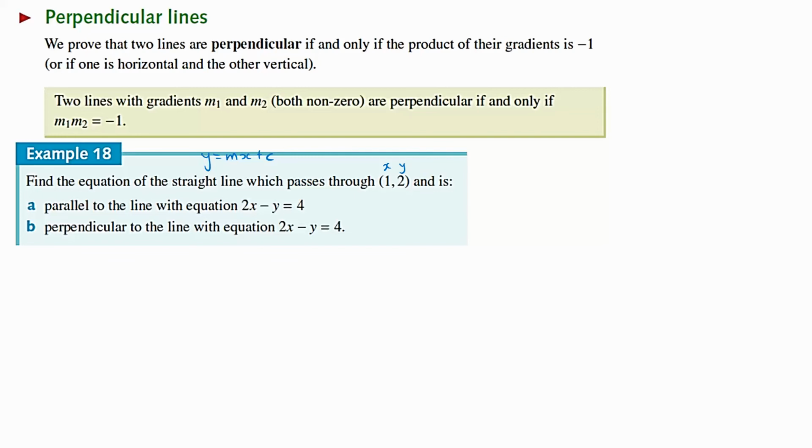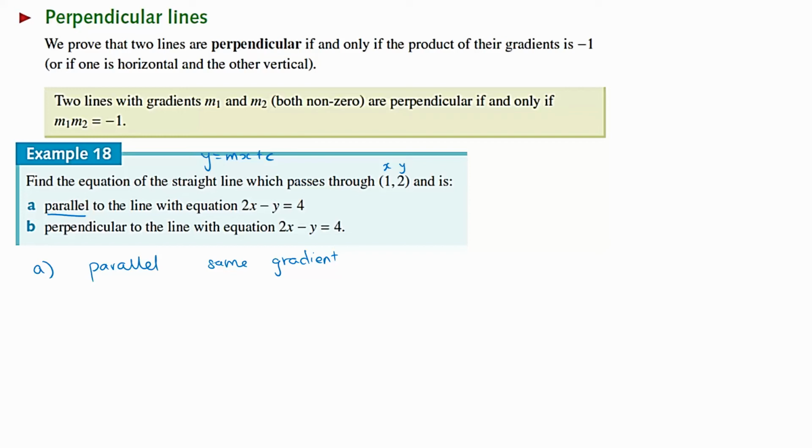Now part A: parallel to the line with equation 2x minus y equals 4. You want to find the equation of a straight line that is parallel. That's a key word. Now, what did we say before? We said if they are parallel, then this equation should have the same gradient.